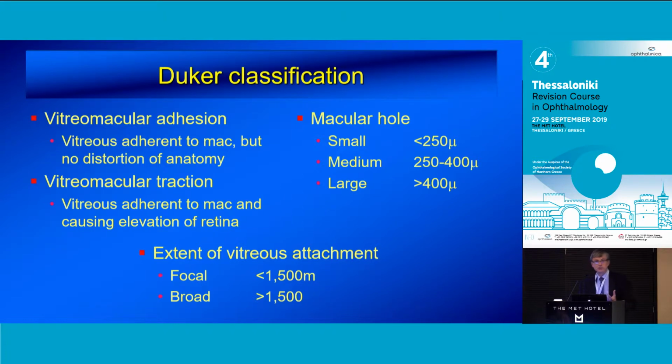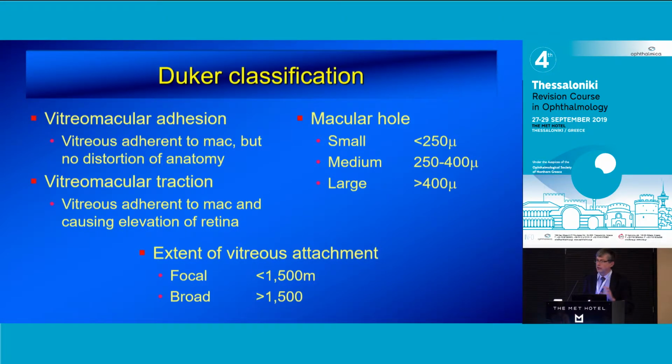Then you've got vitreomacular traction, where you've got elevation of the macula, some distortion of the anatomy, and that can lead to a macular hole, and that's subdivided into a small hole, less than 250 microns, that may close with ocriplasmin, a medium-sized hole, 250 to 400 microns, and a large hole, which is over 400 microns. And then again, that's further subdivided into a focal attachment, which is less than 1,500 microns, and a broad attachment, which is more than 1,500 microns.